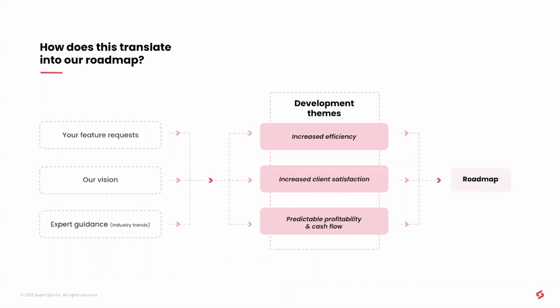So every feature, every functionality that goes into our product is fact-checked against these three themes, and only then is it taken up for production. I'm reinforcing this to give you the confidence that what we are building is with the aim of helping you with your business.